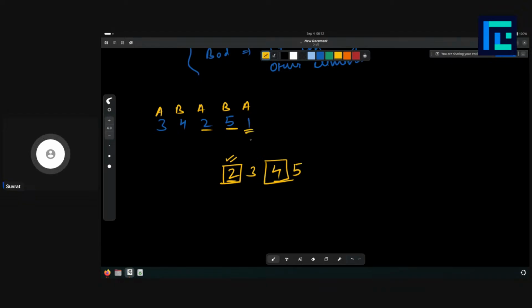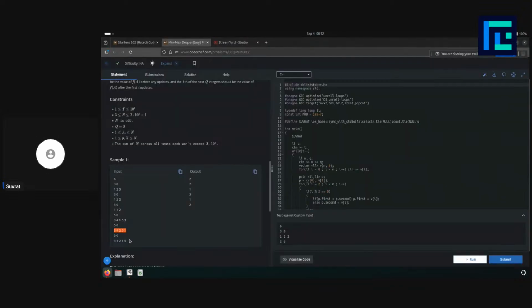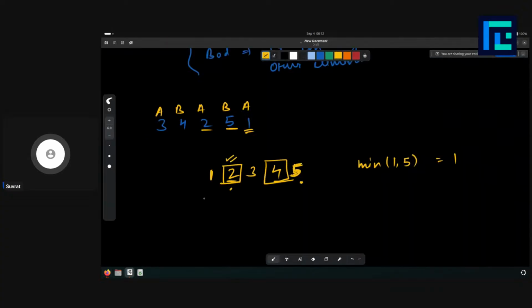Now Alice has 1 and wants to maximize the other border element, and she has two choices, 2 and 5. So she will choose 5 as the other border element and place 1 here. So 1 5 would be the final array, and the answer would be the minimum of 1 and 5, which is 1.